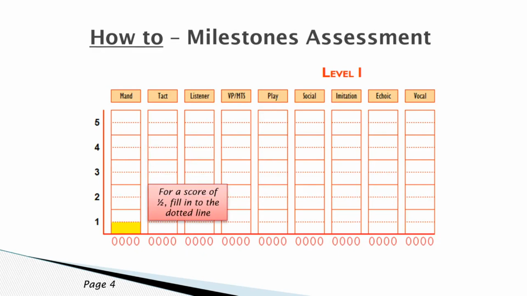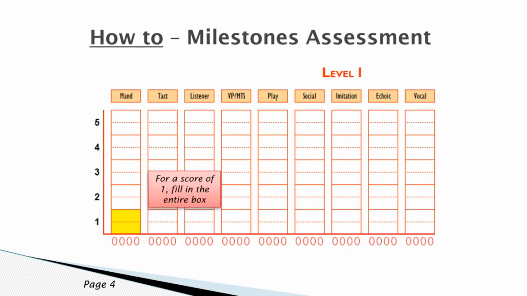For example, in level 1, play skill 2 wants to assess whether the student shows variation in play by interacting with 5 different items during a 30-minute timed observation.